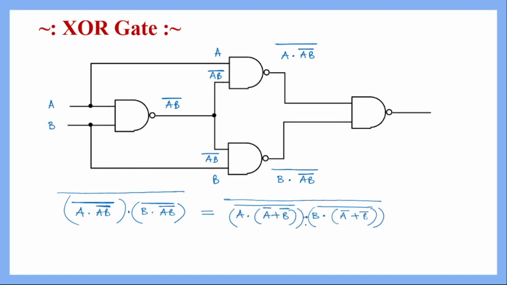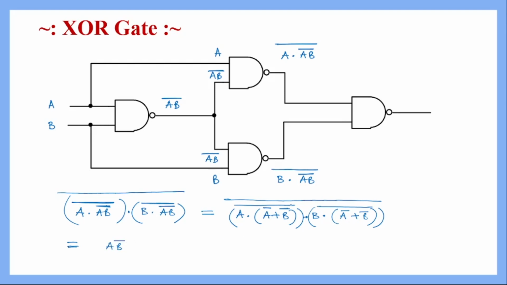(AB) bar can be written as A bar plus B bar as per De Morgan's law, and similarly in the second term also that has been written. Now we perform the AND operation between A and this term. A and A bar, as per Boolean algebra, gives us 0, and what remains is A and B bar, so we write A B bar.